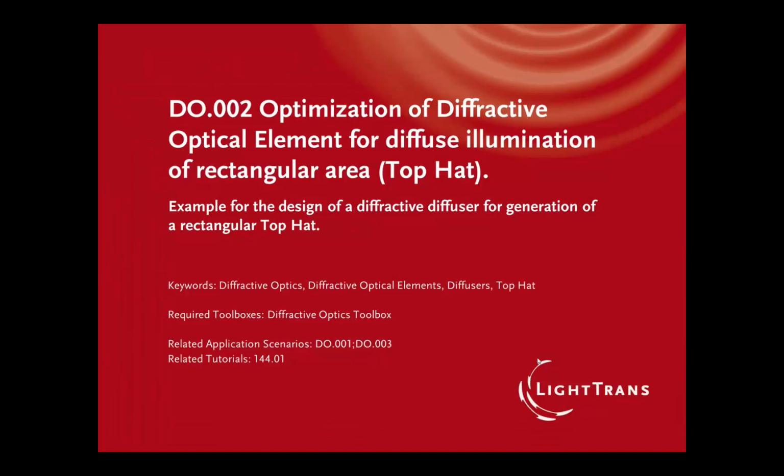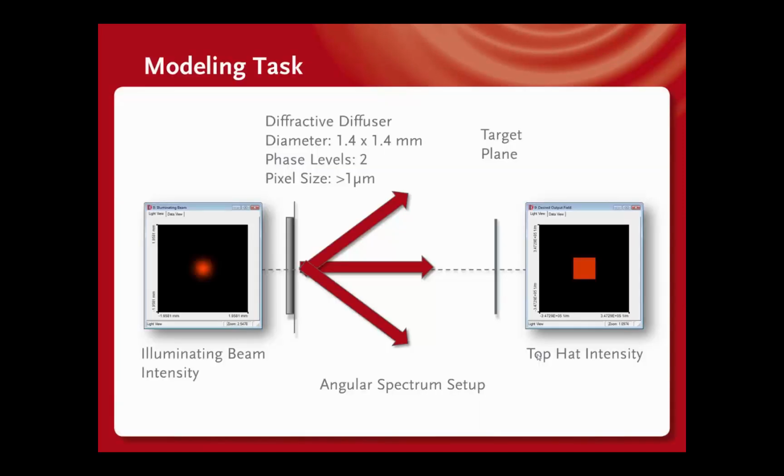So let's come to one example, and this is the design of a diffractive diffuser element for a rectangular top hat-like illumination. Let's consider the following optical setup. We have a collimated red laser beam. The goal is to optimize a diffractive diffuser element with 2 height levels or phase levels in case of a transmission function and a pixel size larger than 1 micron.